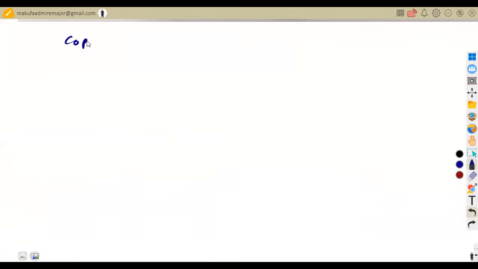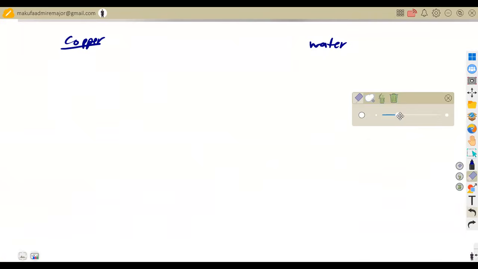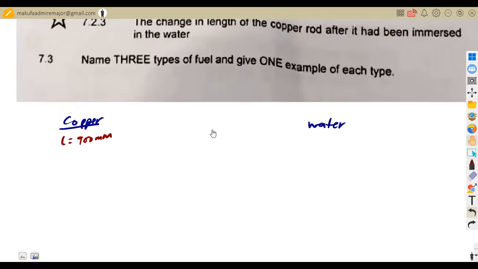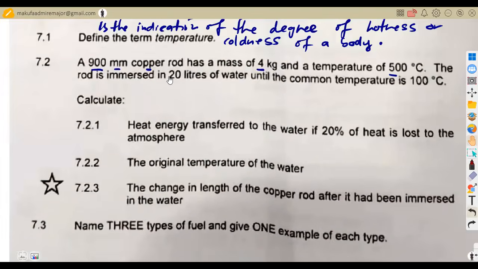We are given the length of the rod as 900 millimeters, which is the same as 900 times 10 to the exponent of -3.